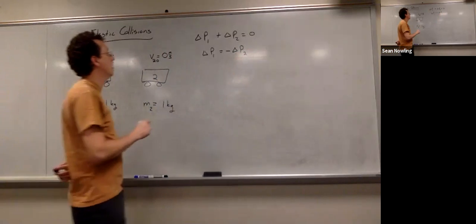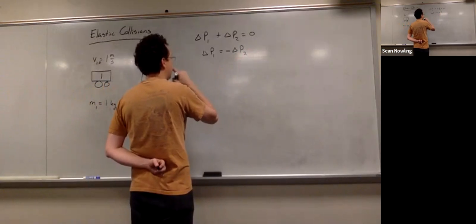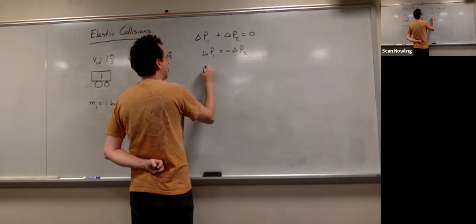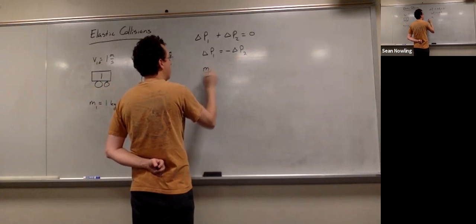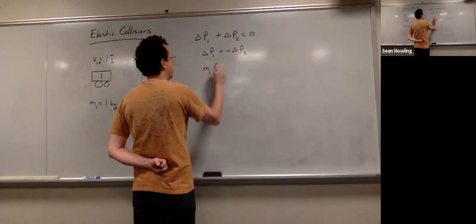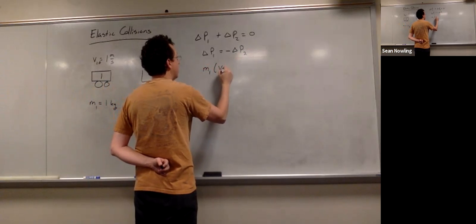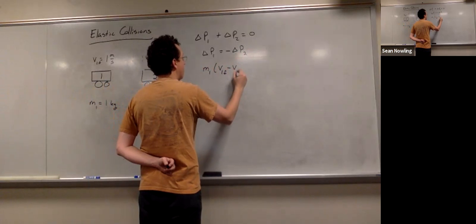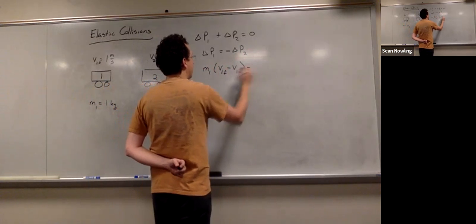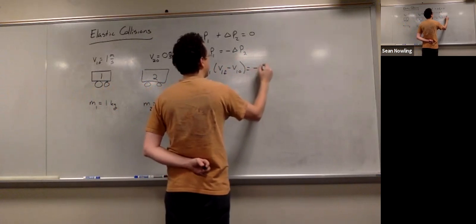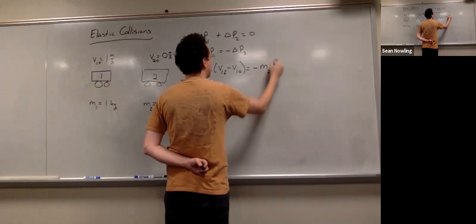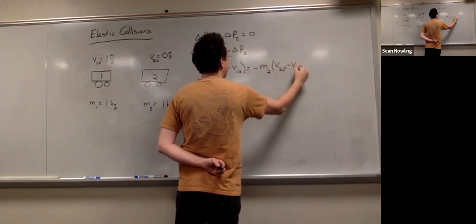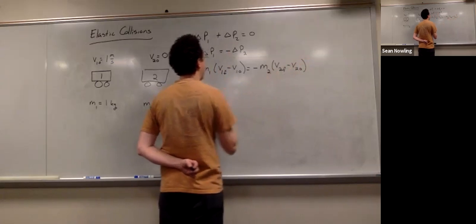Okay? So that tells me simply that mass 1 times (velocity 1 final minus velocity 1 initial) equals minus mass 2 times (velocity 2 final minus velocity 2 initial).